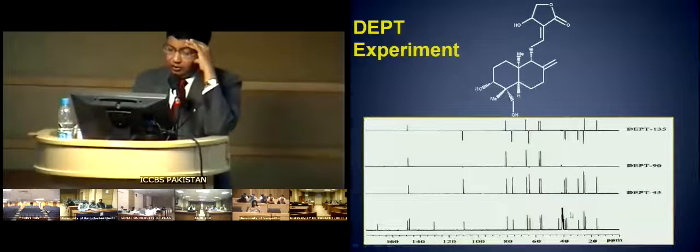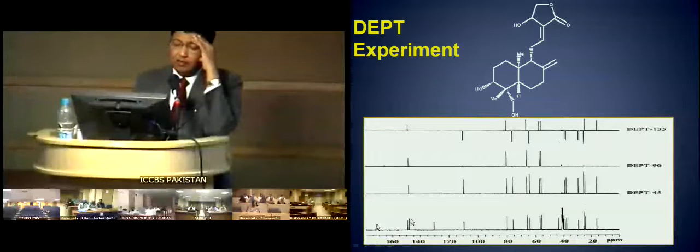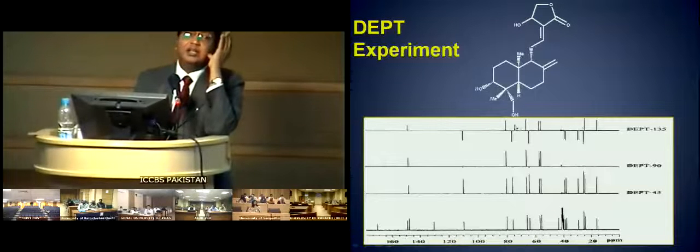Distortionless because you edit one into the other. You recognize quaternary carbons from their absence in DEPT 45, and then you recognize CHs by recording a DEPT 90, and then you recognize the CH3s and CHs by recording 135.